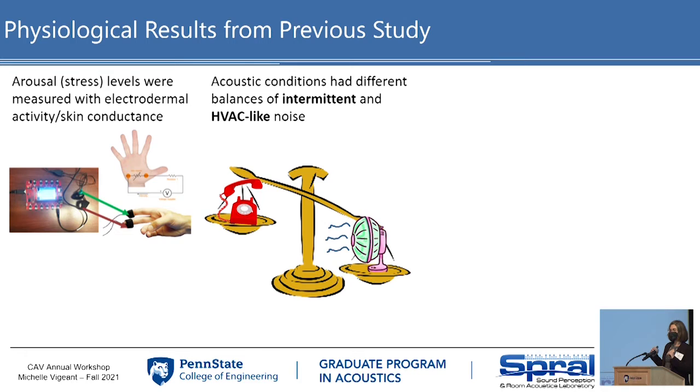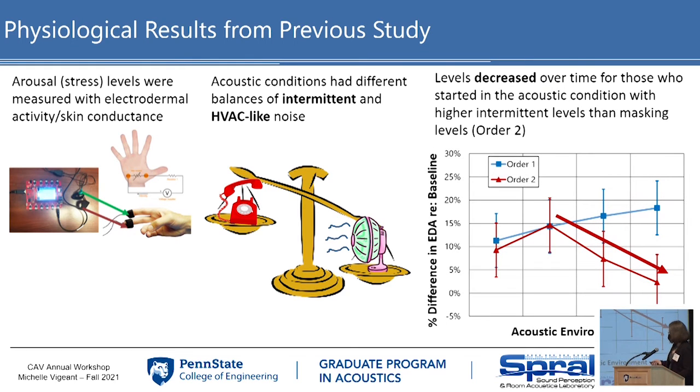We had one extreme where it was very high levels of intermittent and less levels of HVAC, and then vice versa. And what we found was that the order 2 people, in red, were the ones that began with that balance shown there, with the intermittent levels quite high and the HVAC levels lower.